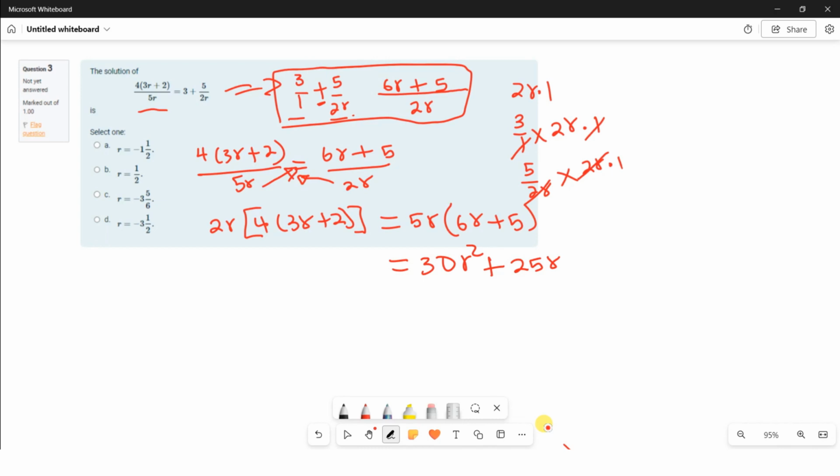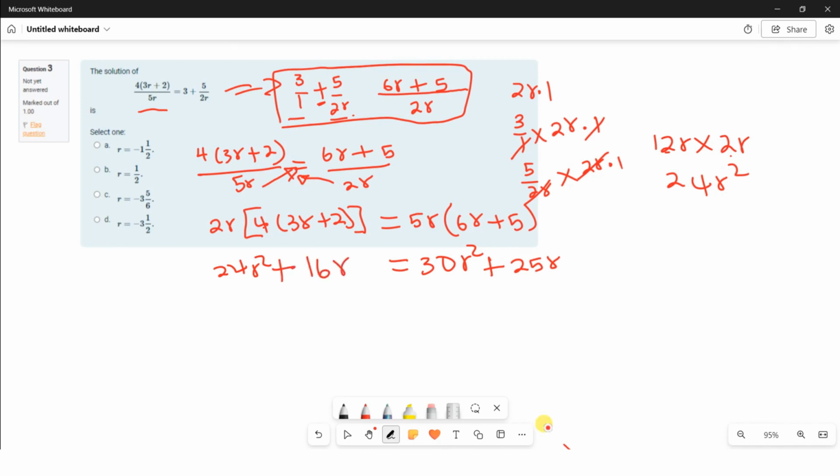In this case you are supposed to multiply these two first, then you'll have 4 times 3r, that is 12r. 12r multiplied by 2r: 12 times 2 is 24, r times r is r square, then you'll have 24r square. Then 4 times 2, that is 8, 8 times 2r, that is 16r.